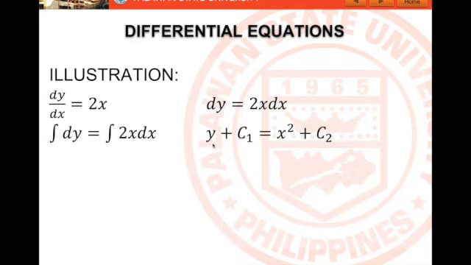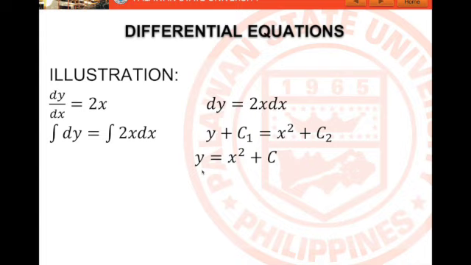So that would be equal to y plus an arbitrary constant c sub 1 equals 2x squared divided by 2, so that would just be x squared plus the arbitrary constant c sub 2. Since these are arbitrary constants, we can combine them. Let's put c1 to the other side, that would be c2 minus c1, or since they are arbitrary, let's just call it c.